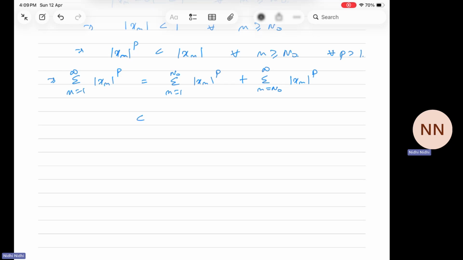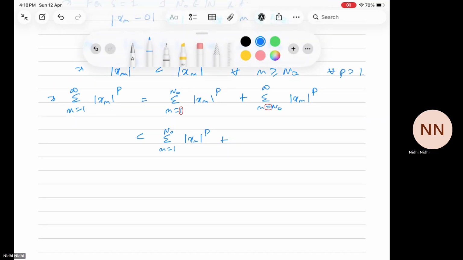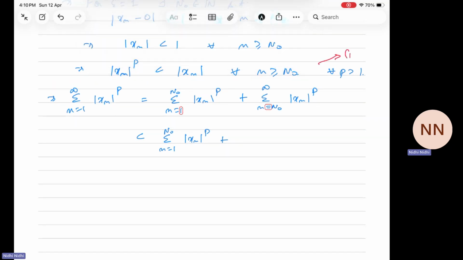This will be strictly less than the summation n from 1 to n naught of mod xn to the power p plus the summation from n naught to infinity of mod xn. Let me mark this as equation 1.